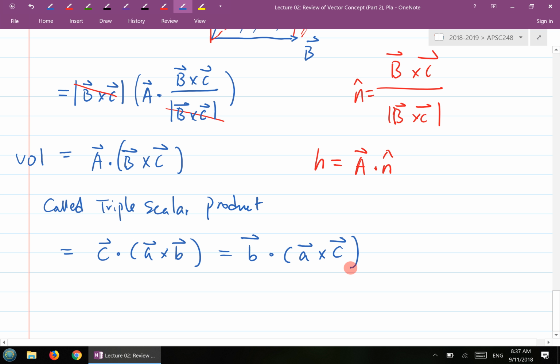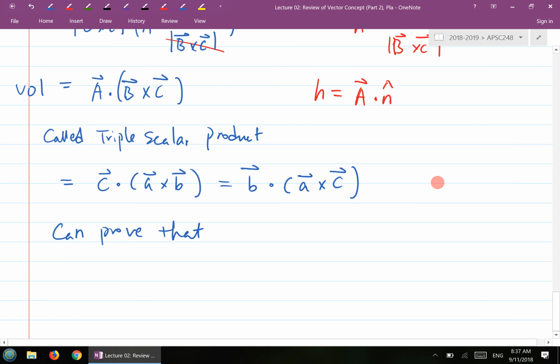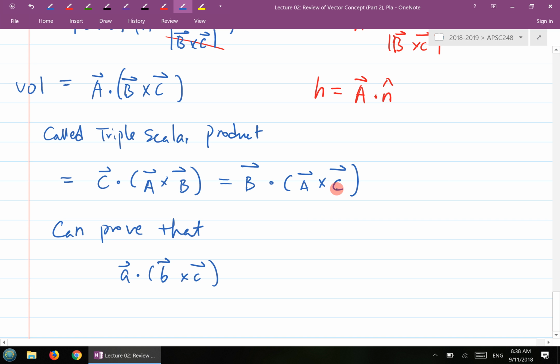And what's even more interesting, and which I won't prove here, is that for this particular triple scalar product, A dot B cross C, you can prove that it is equal to the determinant of A, B, C. So what does this mean?